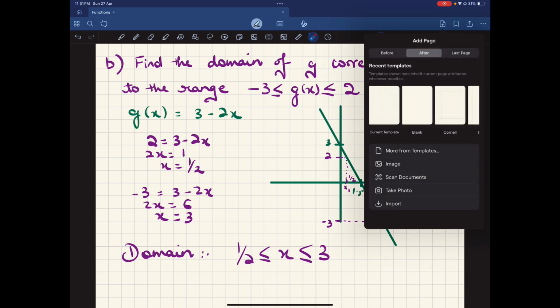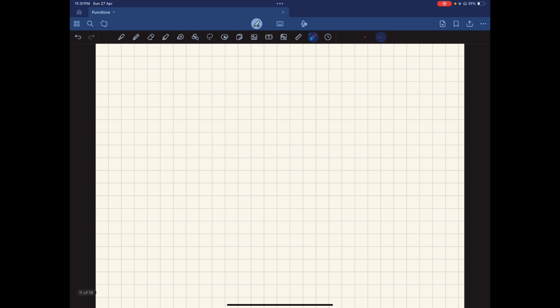Now let's do an example where it's not that simple.